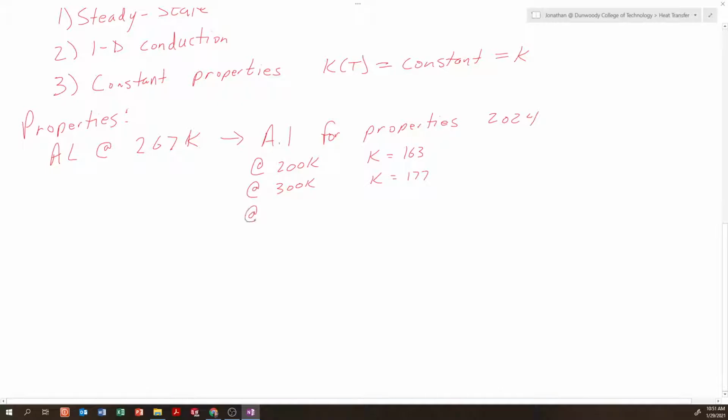So interpolating between those at 267, I'm going to say K is 173 watts per meter Kelvin.